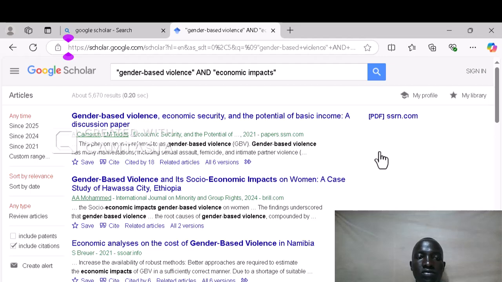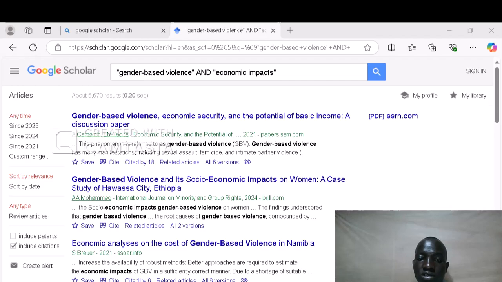This is basically what you will be seeing: gender-based violence, economic security, and the potential basis. Gender-based violence is also an economic impact on women, a case study of Hawassa city in Ethiopia. That's what you get when you're using the Boolean operator AND.